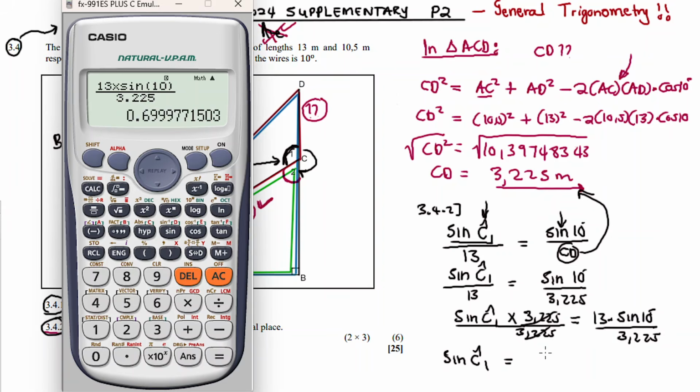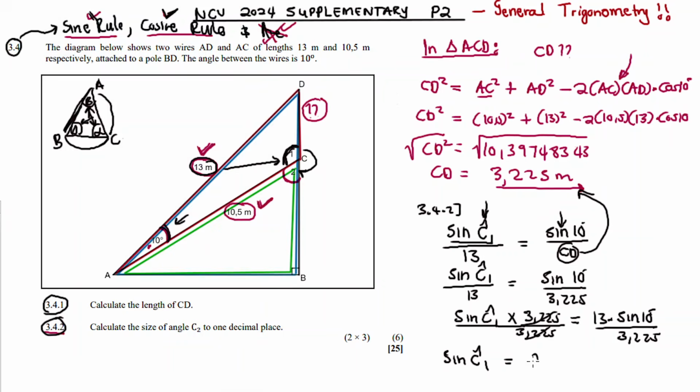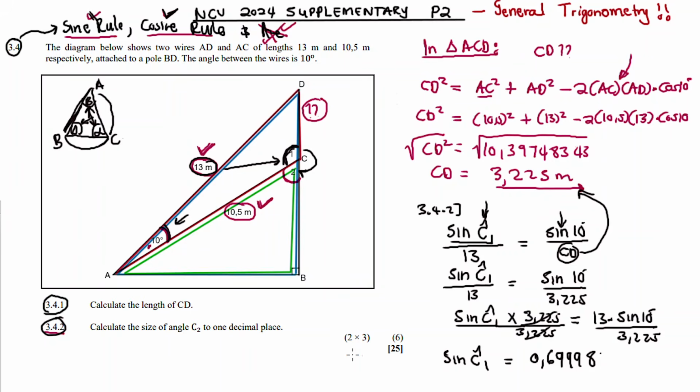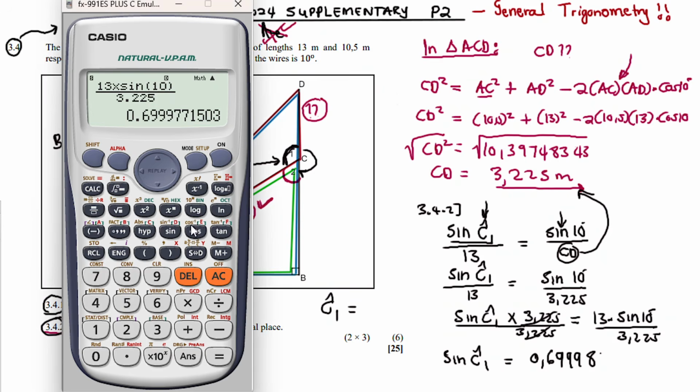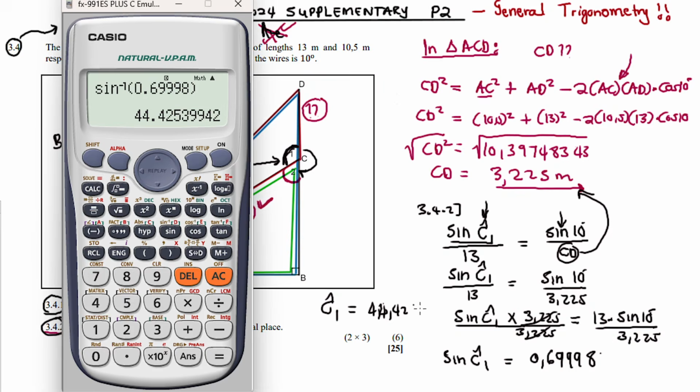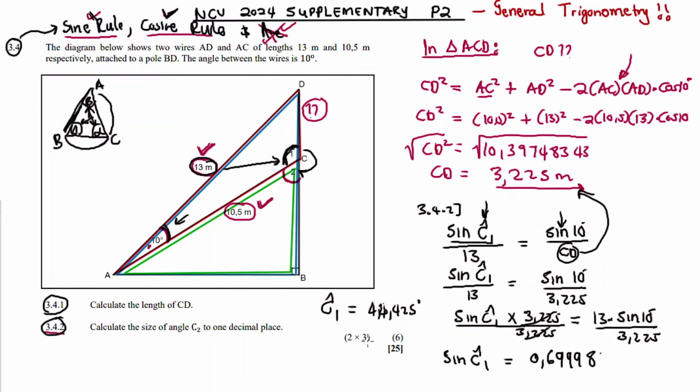Should I write the whole thing, Mara? Nah, let's just say 0.699939. Then we're gonna calculate C1, and then we're gonna take the arc sine of 0.69998, close bracket. Now C1 in 3 decimal places, it's gonna be 44.425 degrees, right?